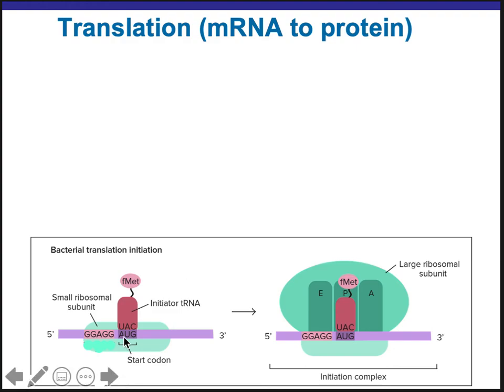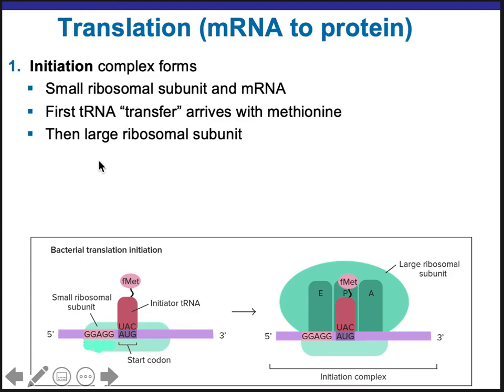Okay, so initiation has some very specific steps where first the small ribosomal subunit will bind to the mRNA, and that will then attract the first tRNA, which will be at the start codon. So the first tRNA always has methionine, because the start codon AUG codes for methionine. Okay, so that's always going to be the first step.